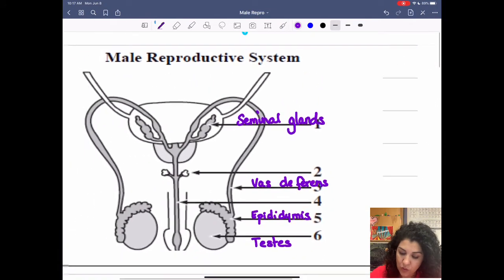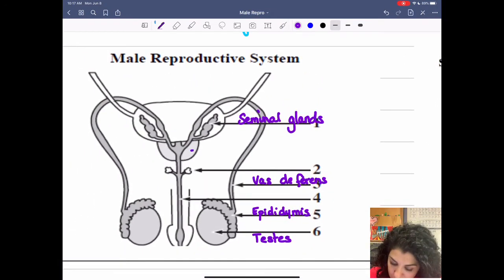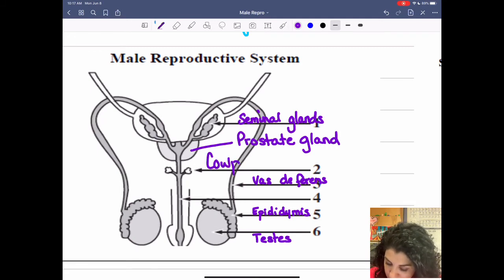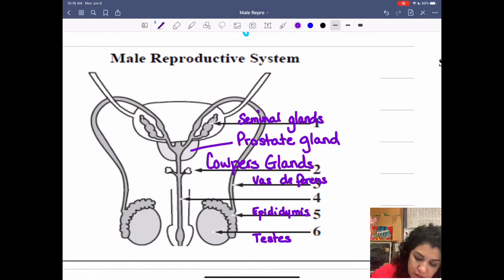Okay, so we don't have the prostate, so we're gonna label it prostate gland. And Cowper's glands. There's 2 of them. Okay, so those 3 are the ones that we're going to discuss down here.